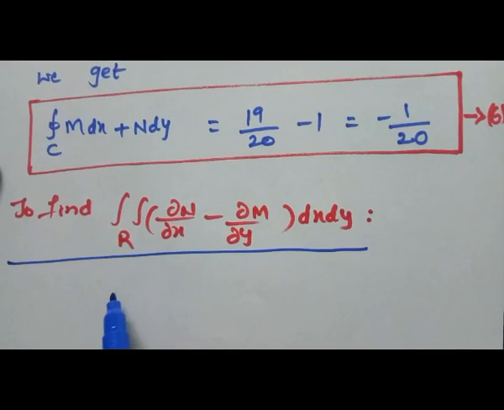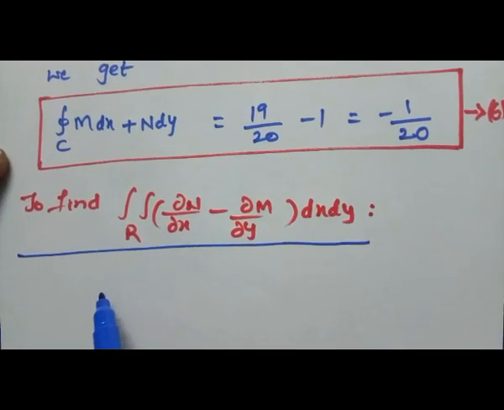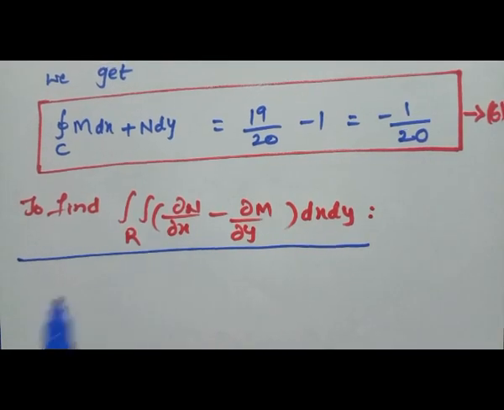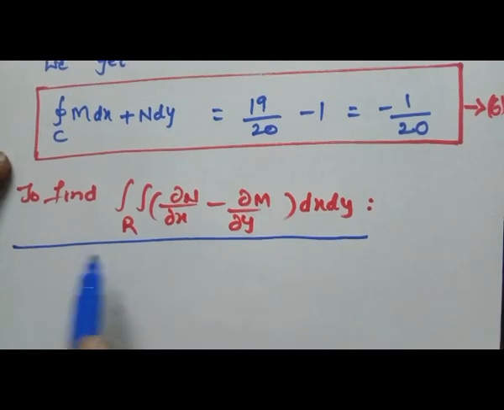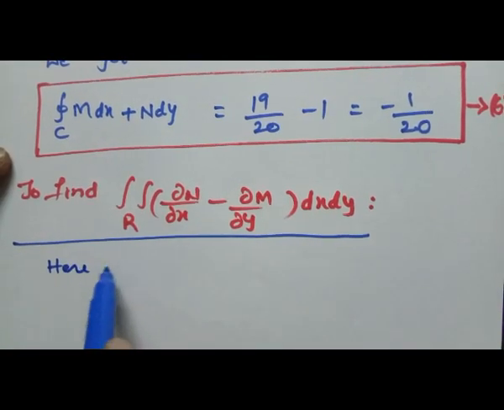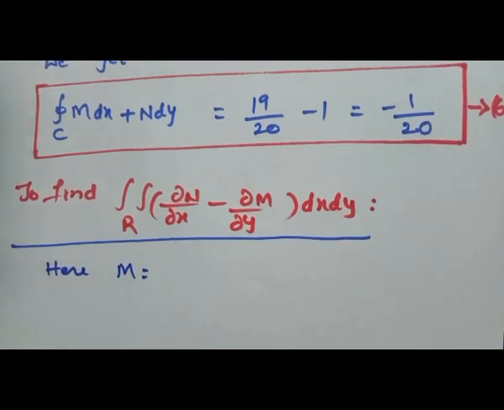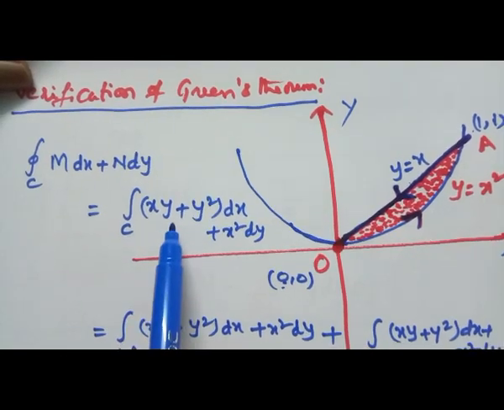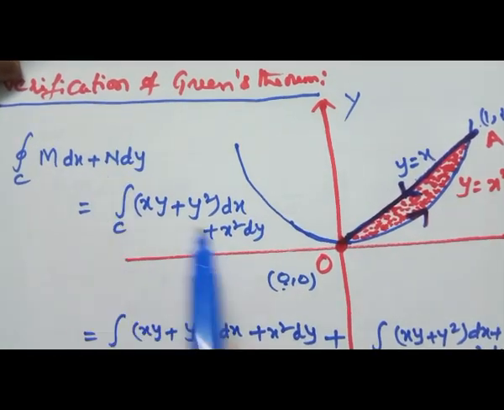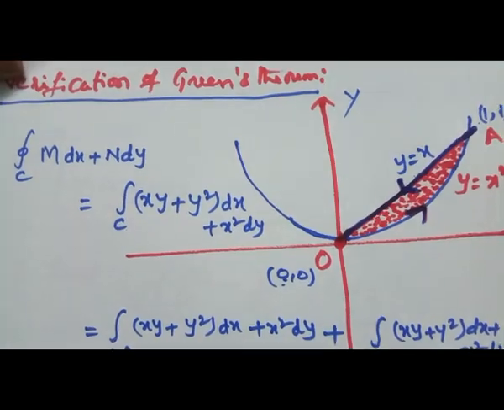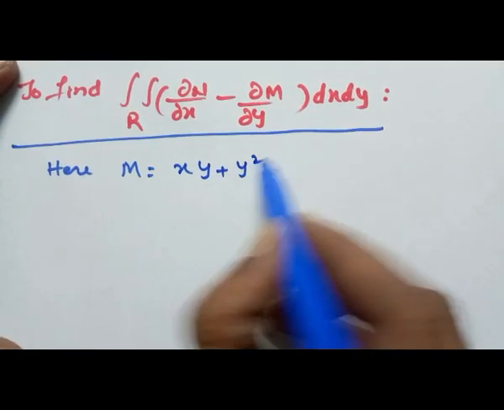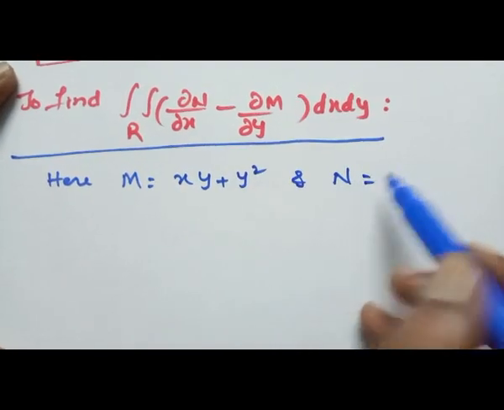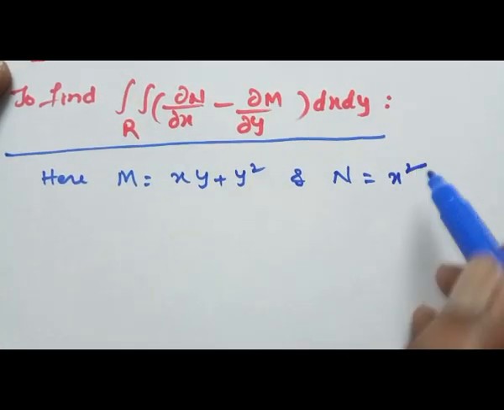Now here, what is the value of m? Here m is equal to x y plus y square, and n is equal to x square.